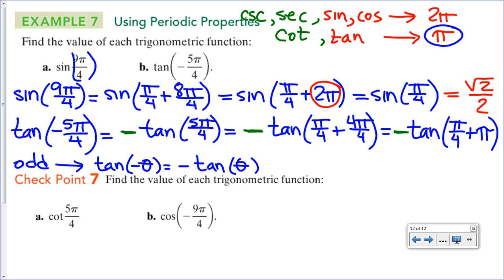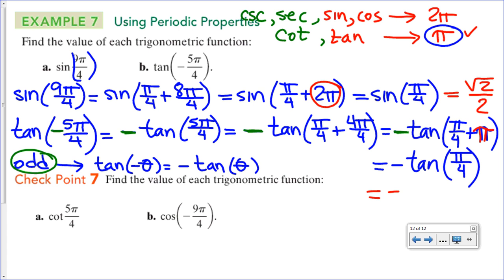This negative sign came from the fact that the tangent function is odd. We had a negative angle here to begin with. So just quickly to finish this up, this will be the opposite of the tangent of pi over 4. Why? Because after pi radians, they keep repeating.